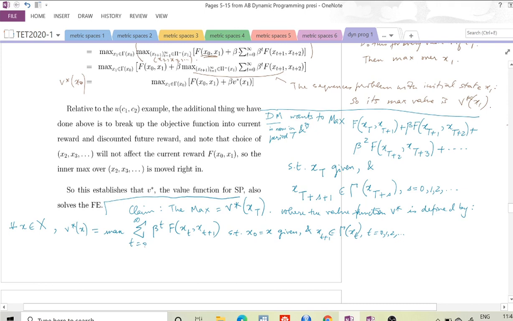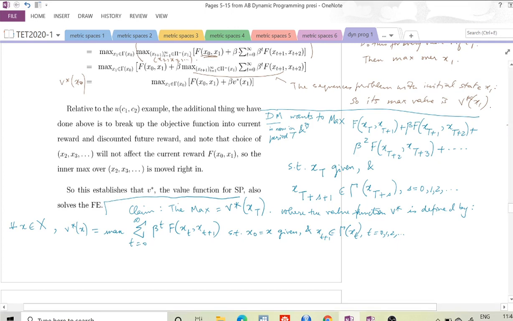And we said that this is bound to be because when the decision maker sits at time capital T and stares into the infinite horizon, the decision making problem is exactly the same, except that at time capital T the initial state is x capital T, right?